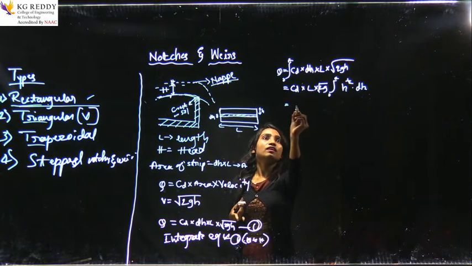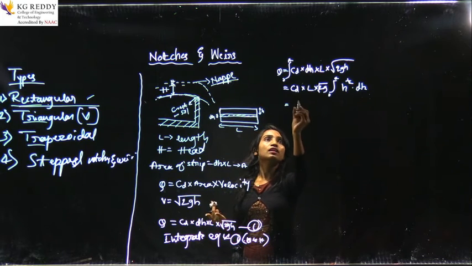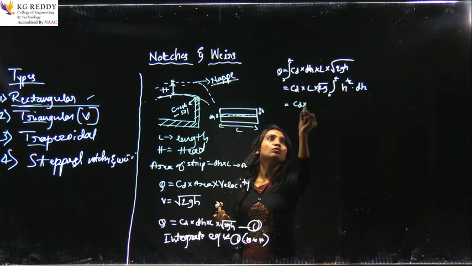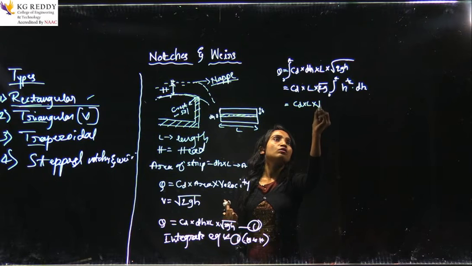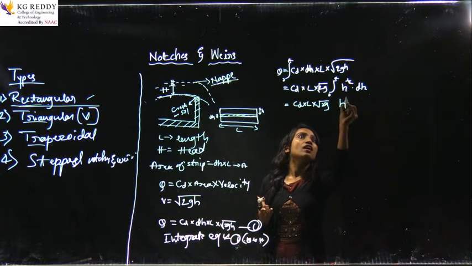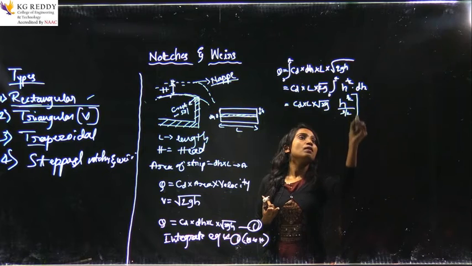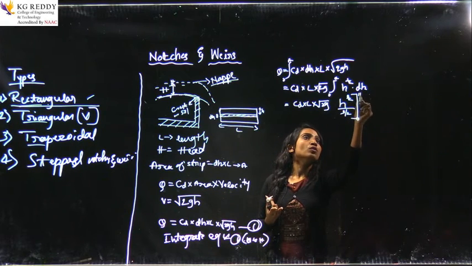So, we integrate and apply the limits for CD into L into square root of 2g. If we do the integration, it is h raised to 3 by 2 divided by 3 by 2, over the limit 0 to h.